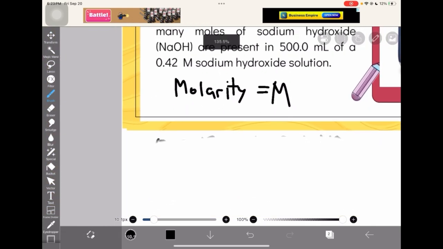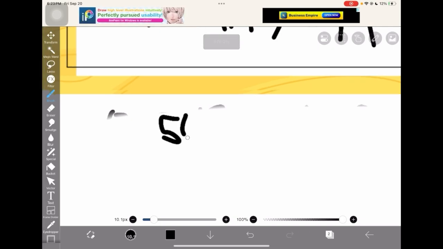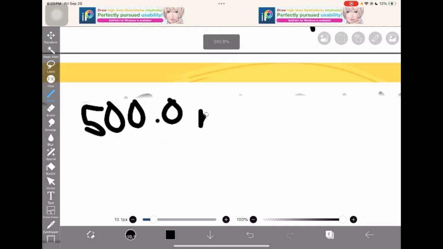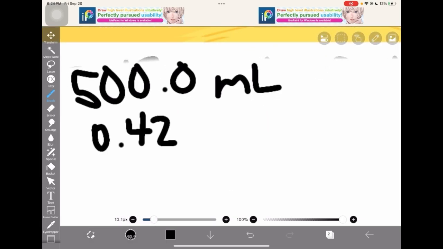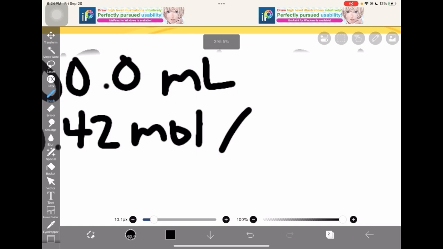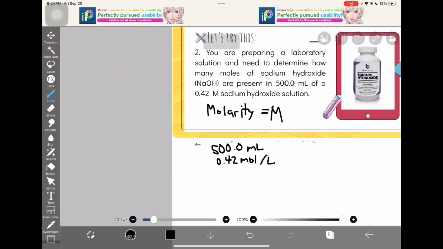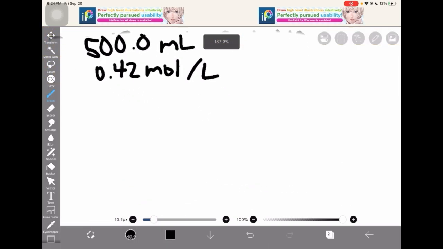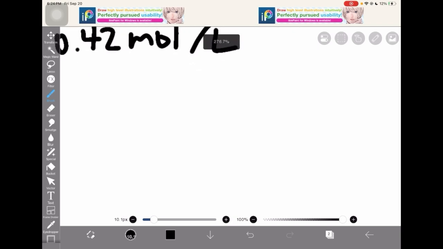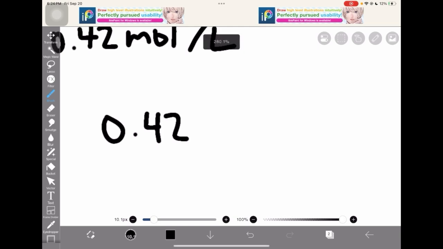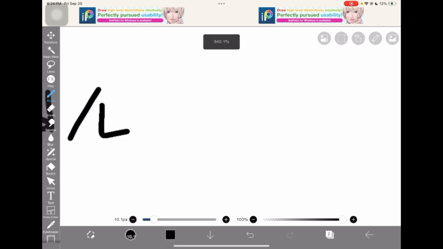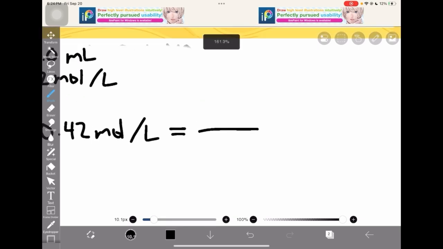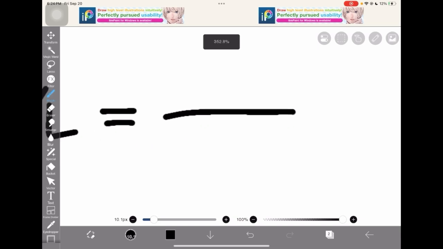So let's give our given. So it's a 500 ml solution, and a 0.42 moles per liter solution. But we have 500 ml volume. So in our molarity formula, we can put 0.42 moles per liter, and then it is equal to, we have our 500 ml of solution.